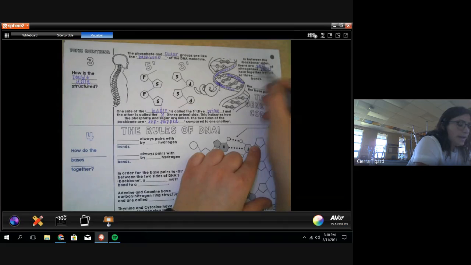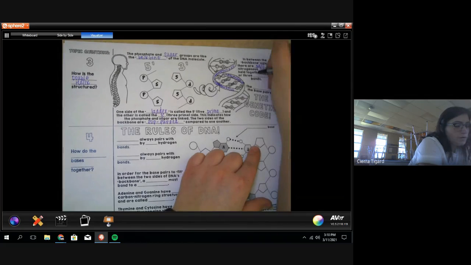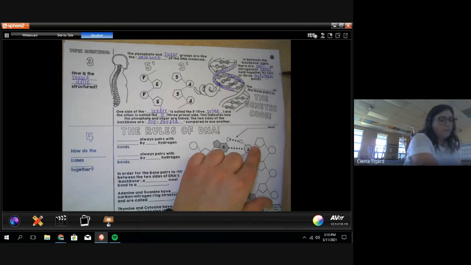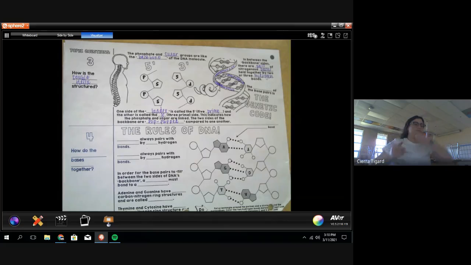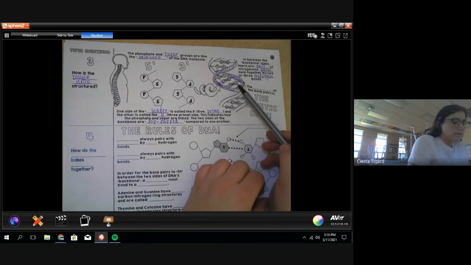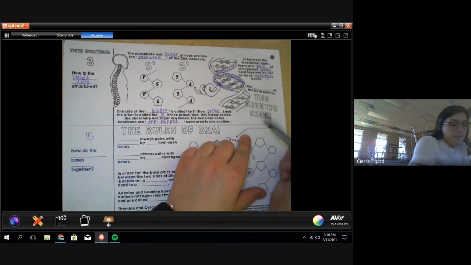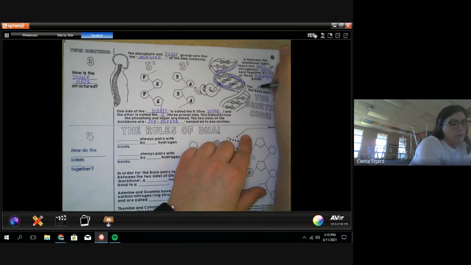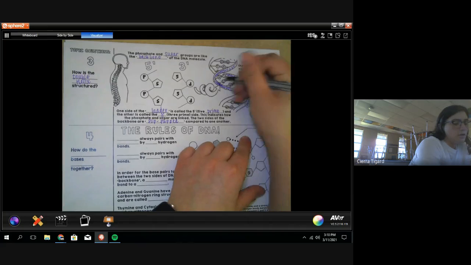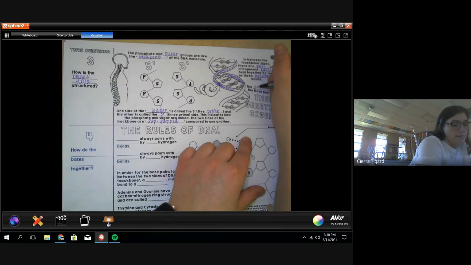We are going to say, because these are pairs, these little guys in here are bonds, and we call those hydrogen bonds, because that is what they are made out of. And so whether it be GC or CG or TA or AT, this sequence of base pairs is our genetic code. So that is how we can DNA test, based on the sequence of these base pairs.